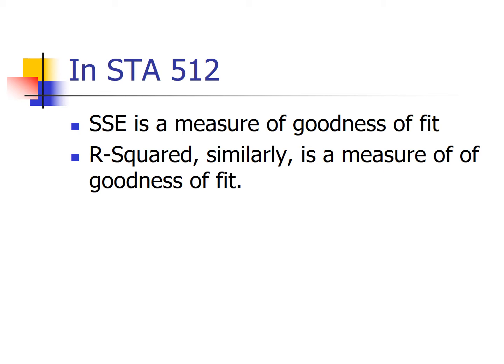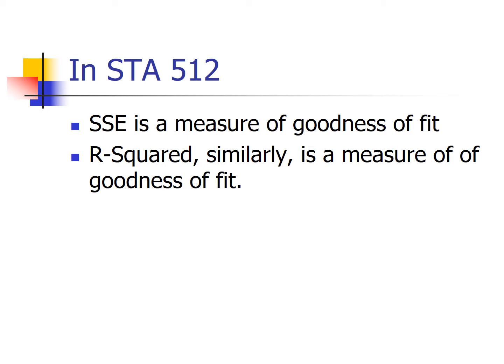So in Stat 512, we had this thing called SSE, the sum of squared errors. If we think back to that, what was that? That was essentially the sum of observed minus predicted, squared, over n minus k minus 1.